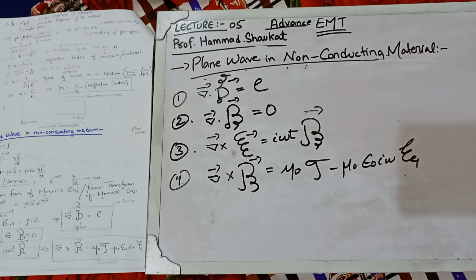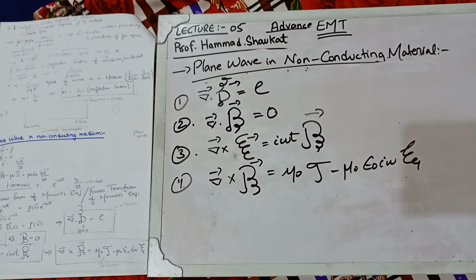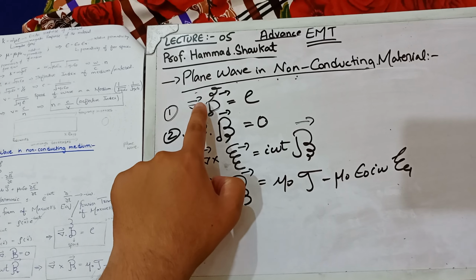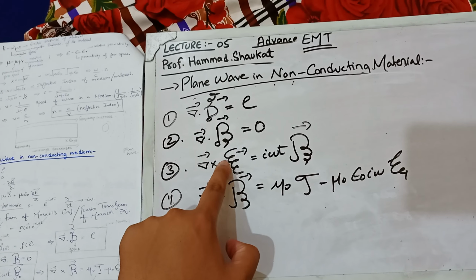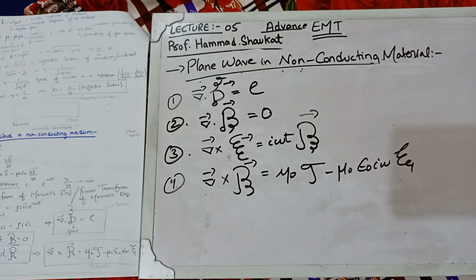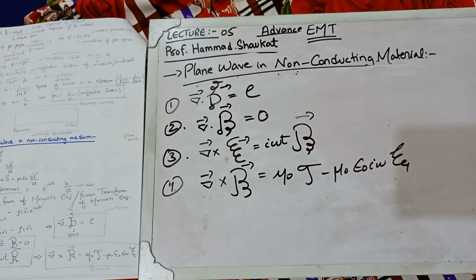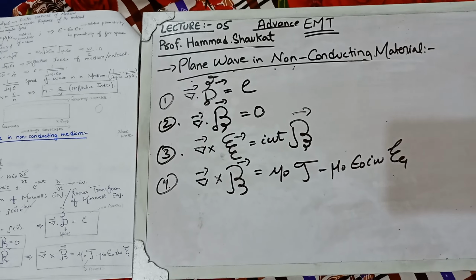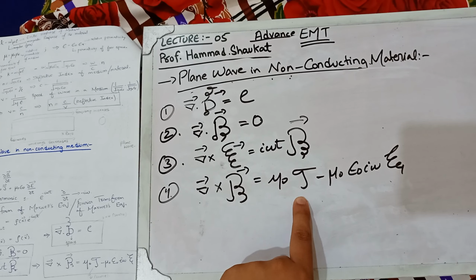So these are basically Maxwell's equations for the space coordinates, these d, b, e, b. And if there is a source included, rho and J must not be 0. For source-free coordinates, you write these equations with rho equal to 0 and J equal to 0.